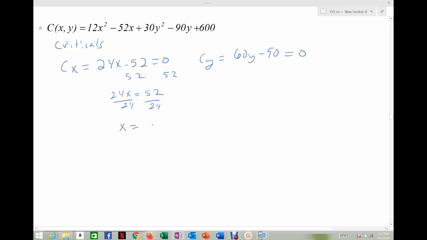Alright, so I'm going to leave it exact, don't round. It's exactly either 52 over 24 or reduce it to 13 over 6. Again, you have a fraction key on the calculator. It's exactly 13 over 6 where the critical value is. Now solve this one. Same thing.